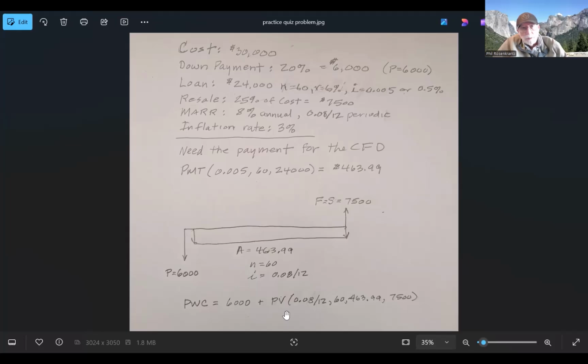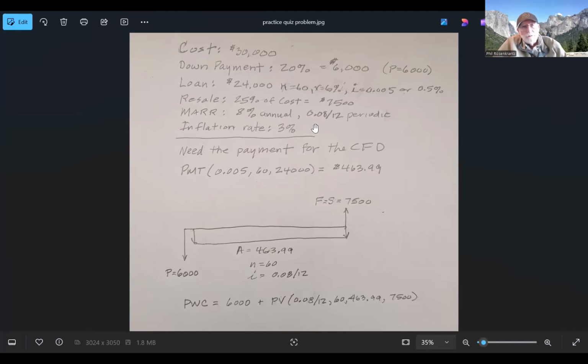Now, you're saying, wait a minute, what about the inflation? There's nothing about net present worth calculation here that requires inflation. So that is really extraneous information you don't need. It's not part of this.